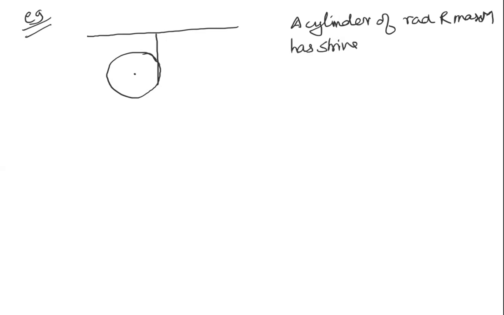The question is actually very, very simple: a cylinder of radius r, mass m, has a string wound on it and is suspended as shown.